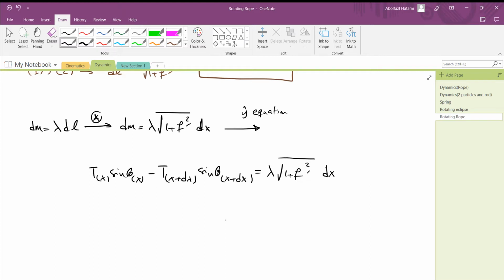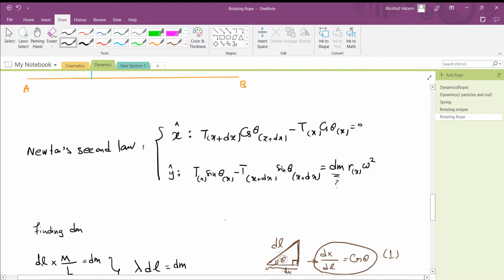And r(x), we said, is actually f of x. We said that they are the same here.